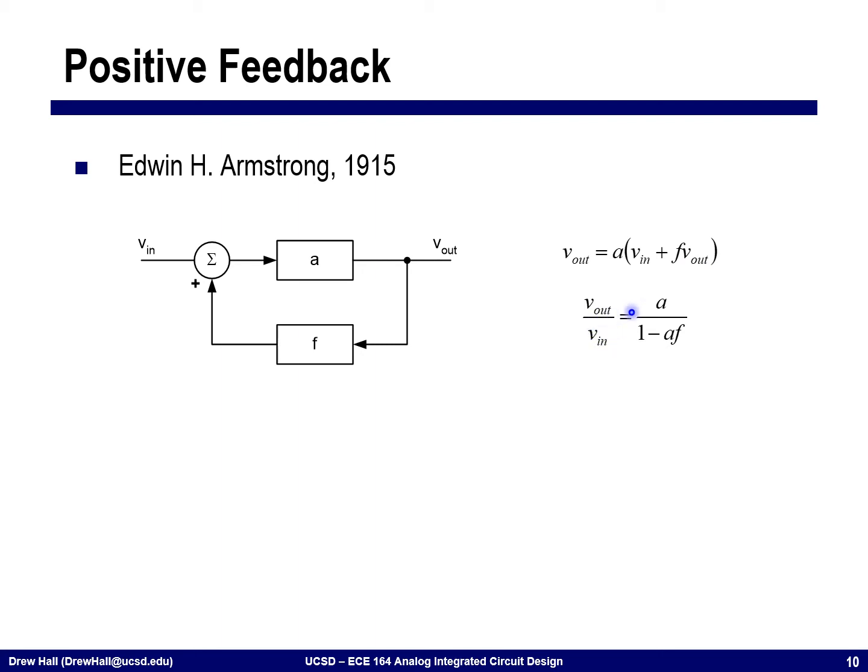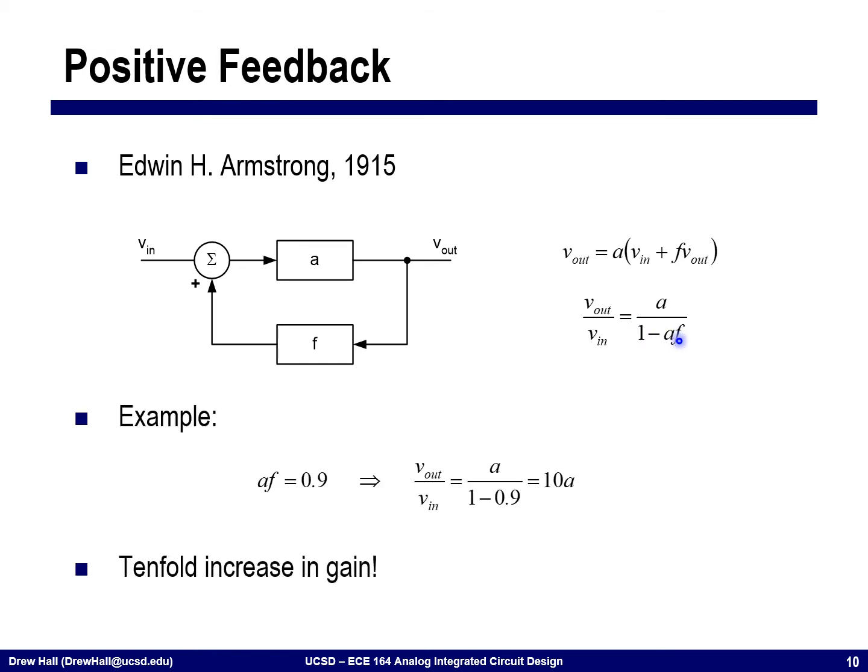And so the closed loop gain is equal to A divided by 1 minus AF. If we take a loop gain, AF, equal to 0.9, you can see that now the forward path gain is increased by 10x. And so this was a way at the time to harness positive feedback and achieve higher gain than you could with your open loop amplifier with A.